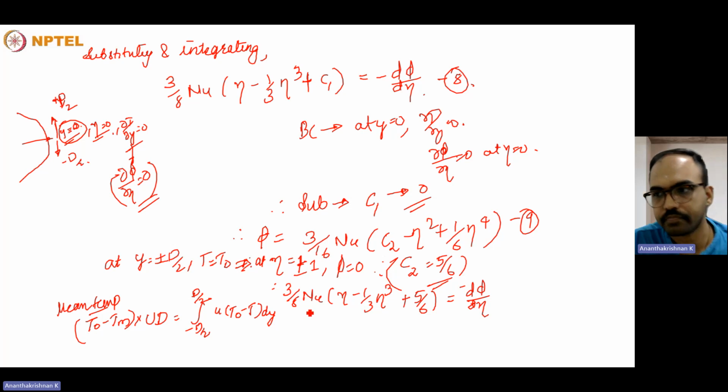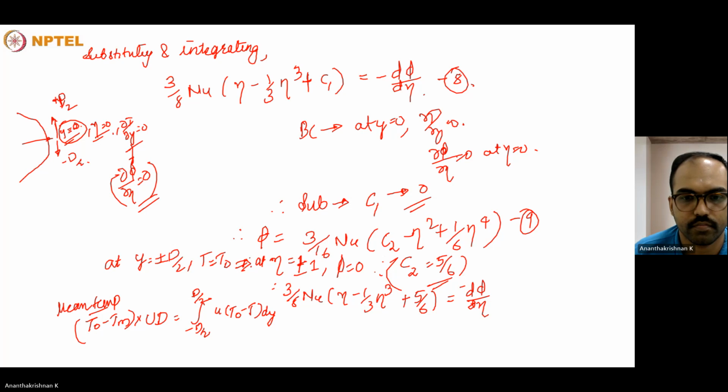So now we can substitute equation 2. This is in terms of U. You can write it in terms of average velocity as well as a dimensionless parameter, and the non-dimensional temperature in terms of T0 minus T, delta T into phi.